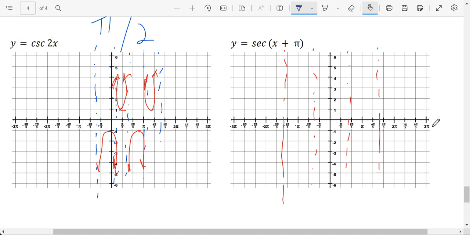So instead of it being up at 0, 1, it will be down here. It will be up here, and then it will be down here, because all the values are moved over to the left pi. Oh wait, not down there, up here.